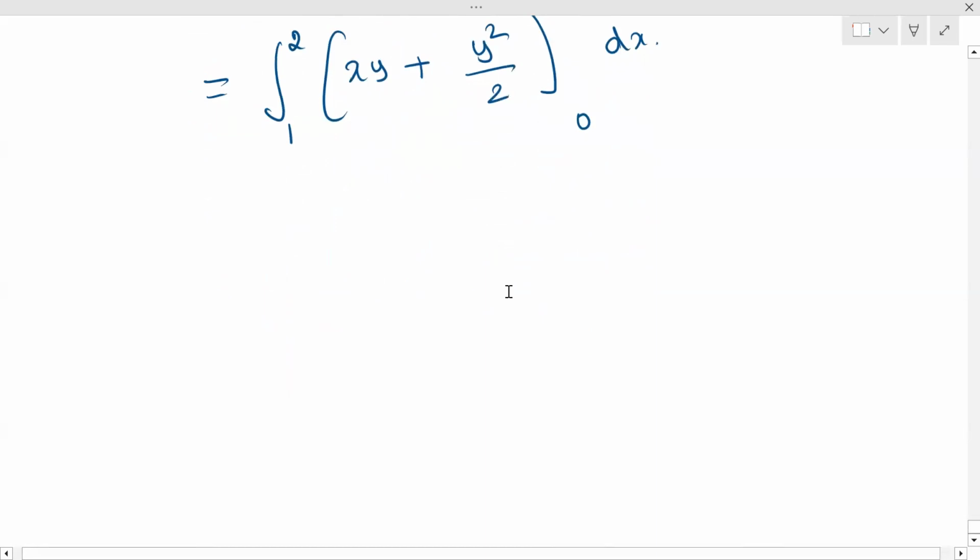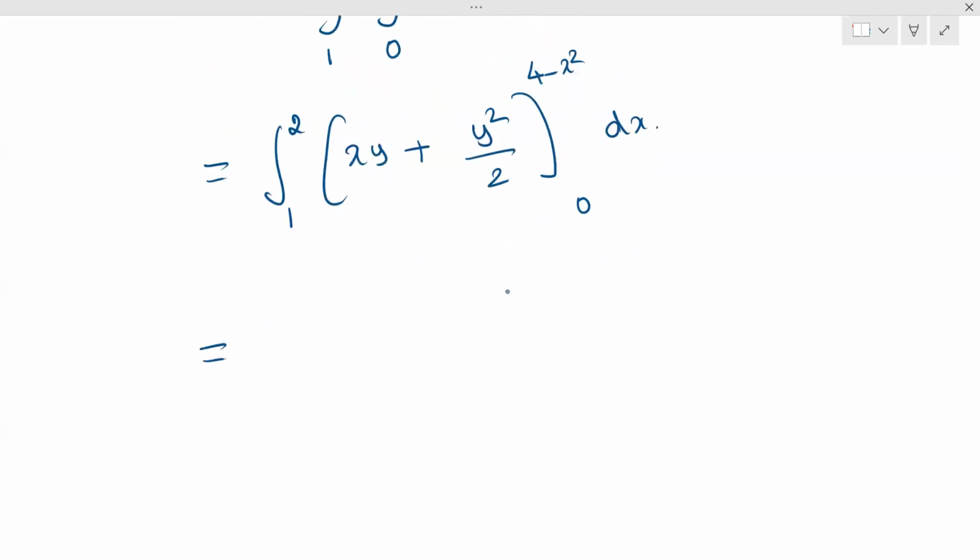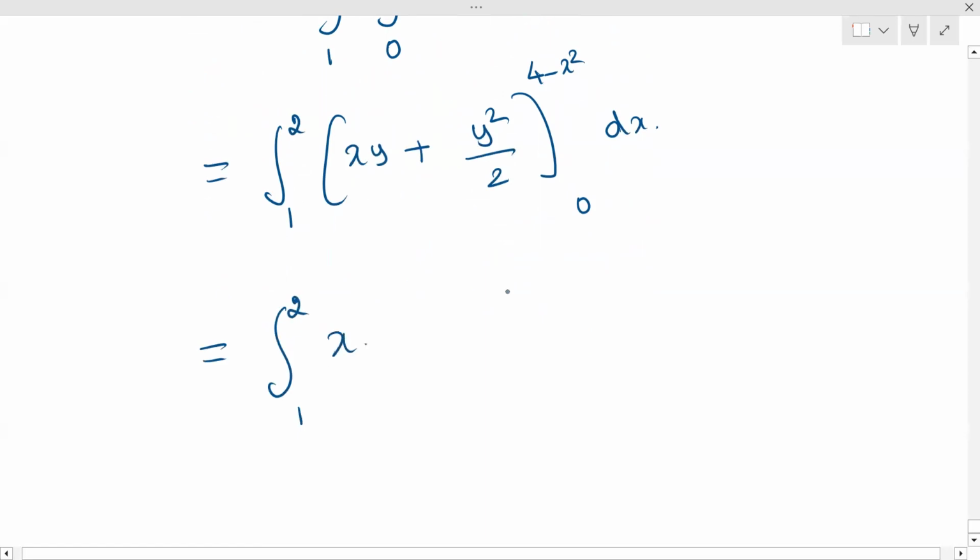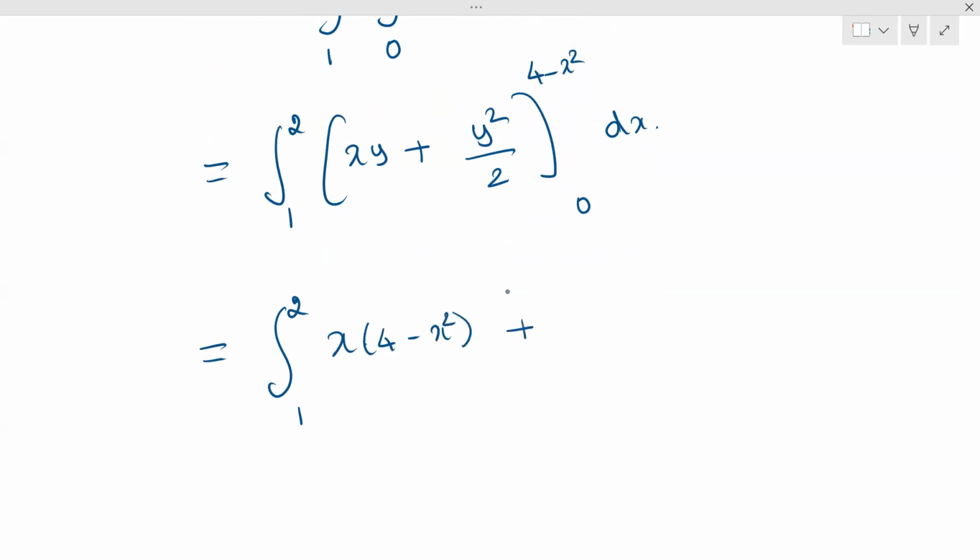Now we have to apply the limit for y. So integral 1 to 2 of x times (4 minus x square) plus (4 minus x square) whole square by 2. Now we finish the inner integration.